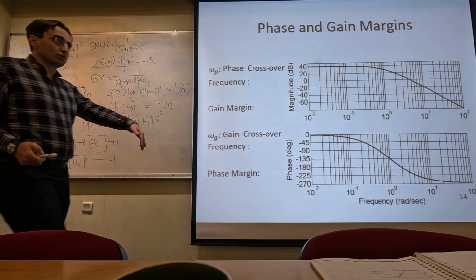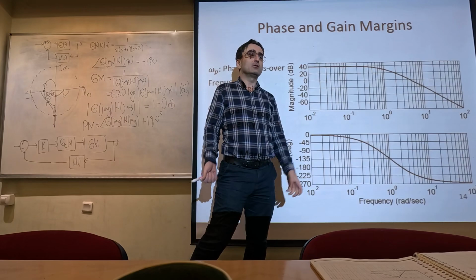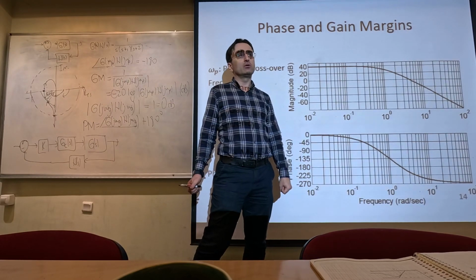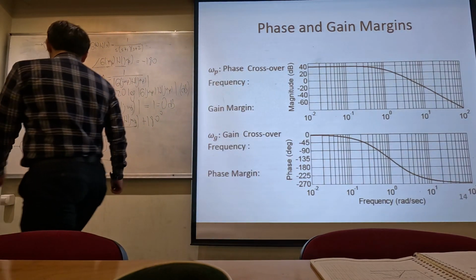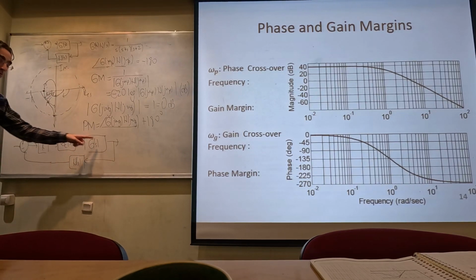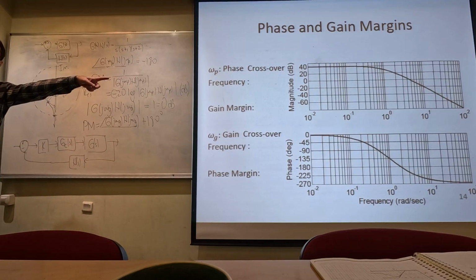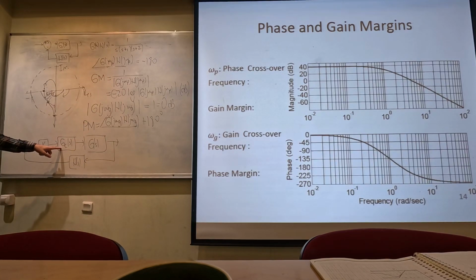The magnitude is going to be shifted up or down depending on whether K is smaller than 1 or larger than 1. And what is going to happen to Gc(s)? This is going to have its own Bode plot. And when I look at the magnitudes of these two things, the overall Bode plot is going to be the summation of the Bode plot of the open loop system plus the magnitude of the Bode plot of Gc(s).